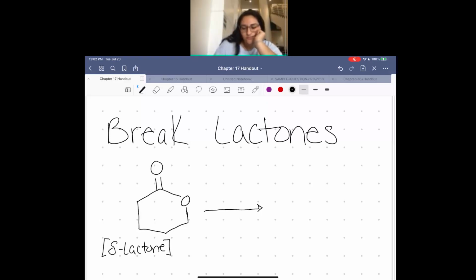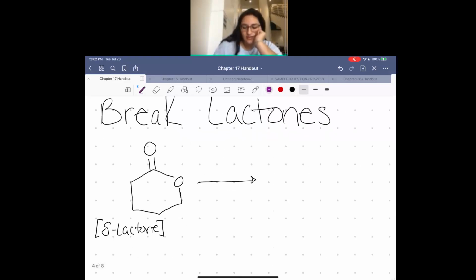So for breaking lactones, we can really use any nucleophile and any catalyst. So I'll just make a note of that. Any nucleophile from chapter 17 and acid/base will work.